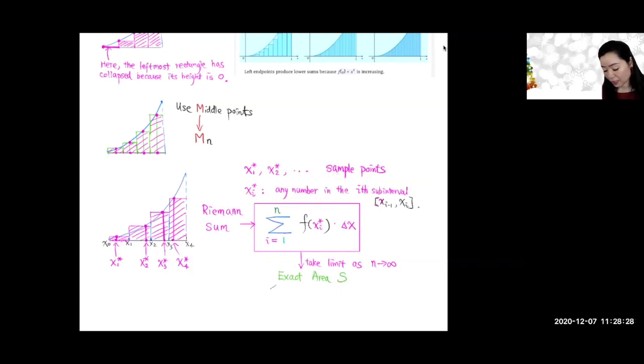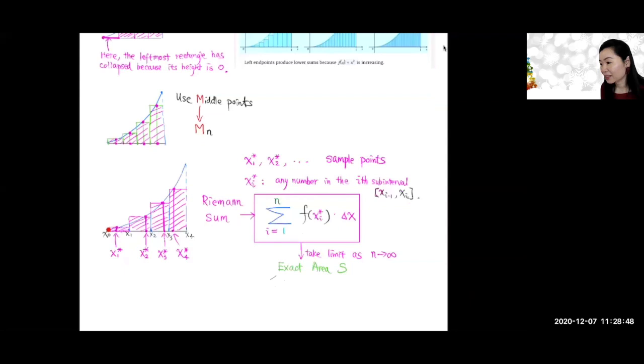So x1 star is a sample point in the first subinterval, x2 star is a sample point in the second subinterval, etc. Do not be intimidated by this notation. The star just means an arbitrary sample point in the subinterval.